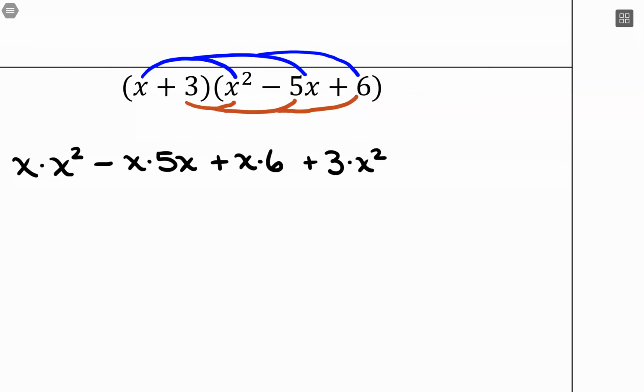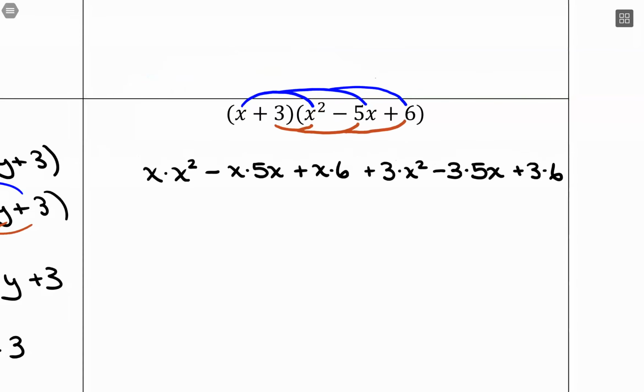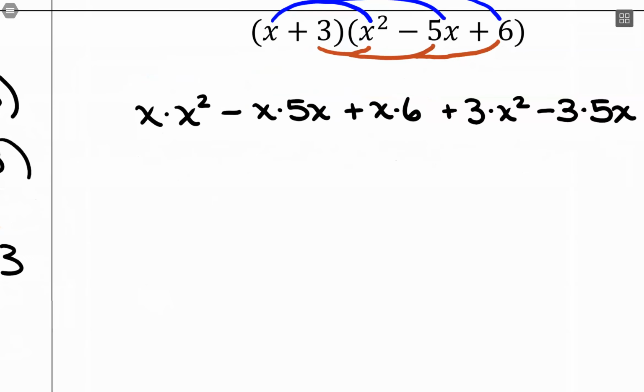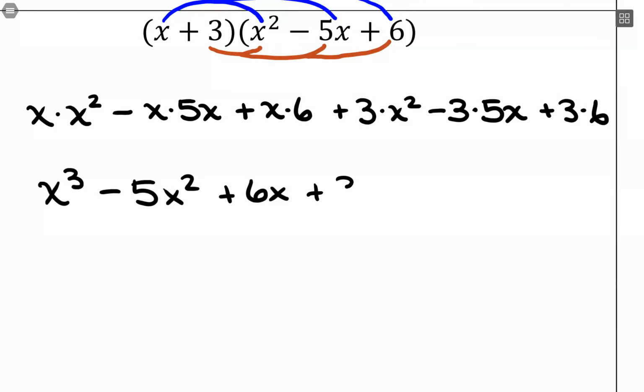I'm going to keep like negative times positive, it'll be subtraction, 3 times 5x, and then plus 3 times 6. So that's what it would look like multiplying all of that out, and now we just start simplifying. So x cubed minus 5x squared plus 6x plus 3x squared minus 15x plus 18.